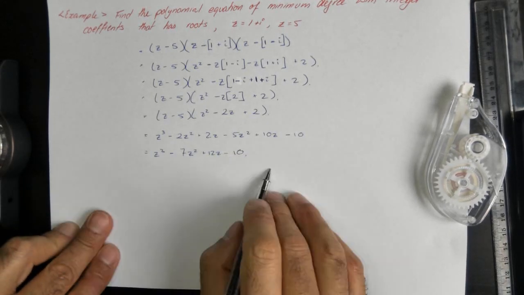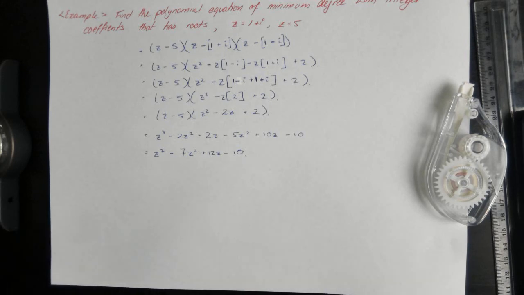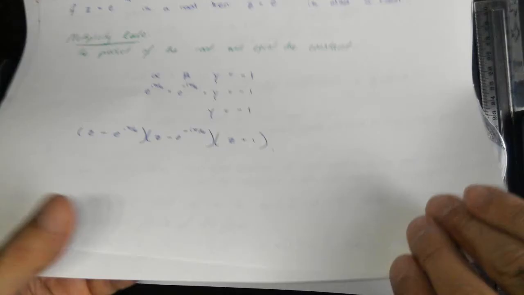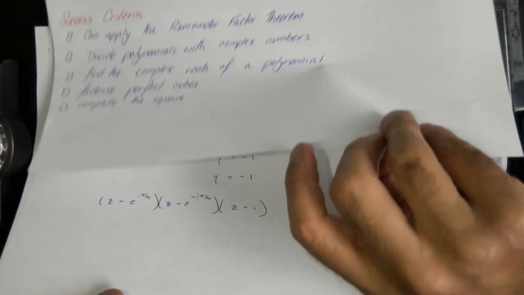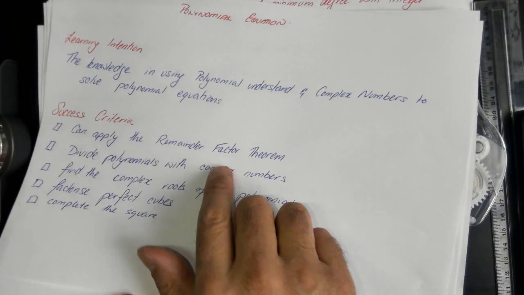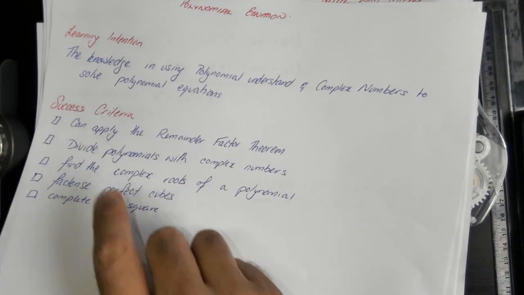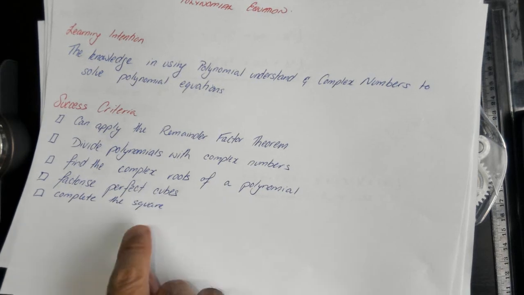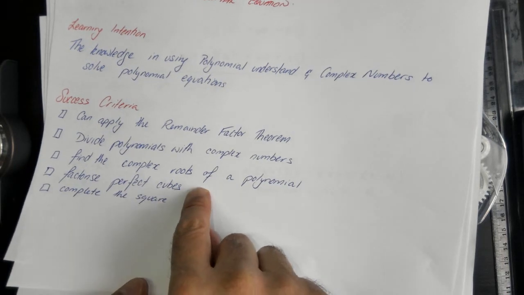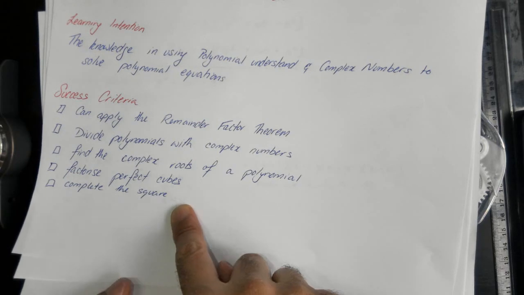Okay, and that's the polynomial. Okay, that's pretty much it. So just a reminder, you'll be successful if you can apply the remainder factor theorem, divide polynomials, find complex roots, factorize perfect squares, which is a bit new, and complete the square. Okay, good luck.